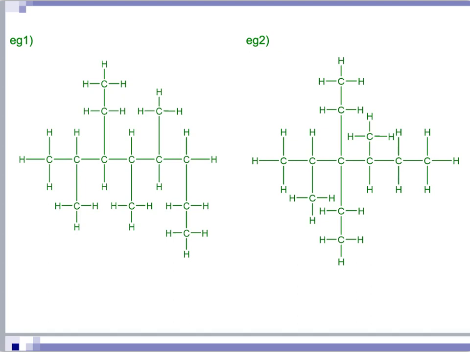So what I want you to do in your own time is take a look at these structures in your Notability, and try to identify the longest continuous chain. So the longest series of carbons you can highlight with your finger without taking your finger off the paper. If you can get more than 1 with the longest chain, go for the one that has the most little branches attached. That is an official rule, not just something I'm making up.